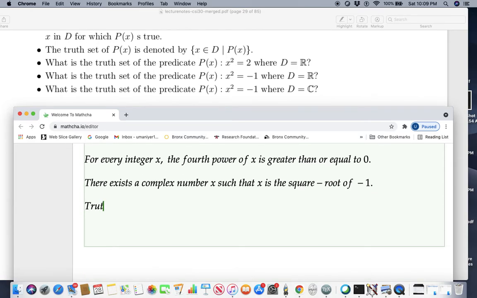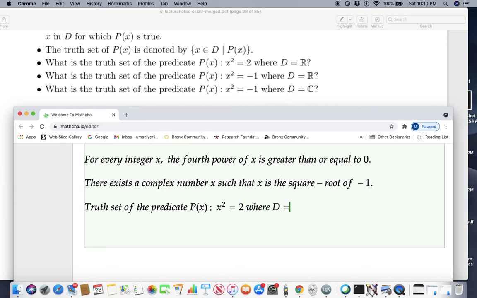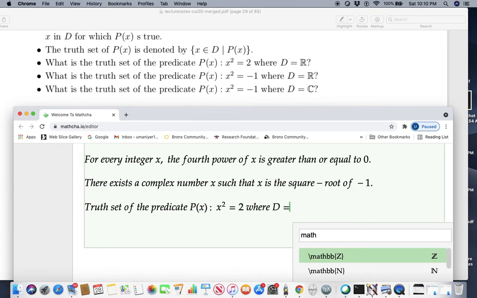Truth set of the predicate P of x, which says x squared equals 2, where D equals the set of real numbers.